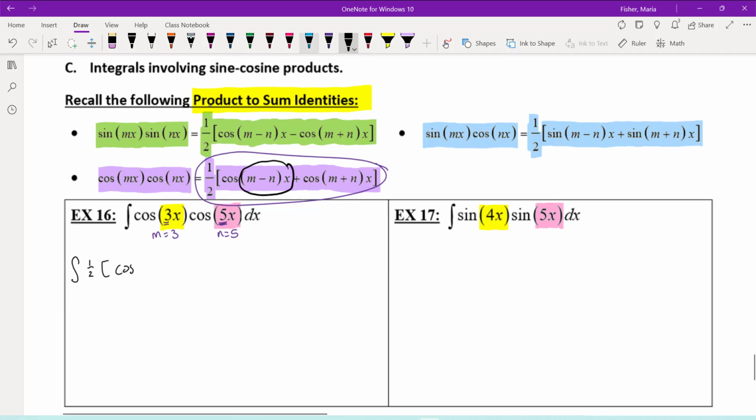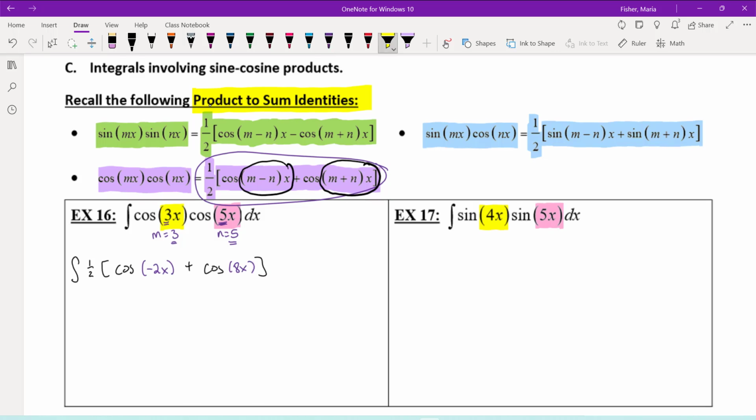So in this case, 3 minus 5 times x, or negative 2x, and then plus the cosine of m plus n times x. So in this case, 3 plus 5, or 8x.